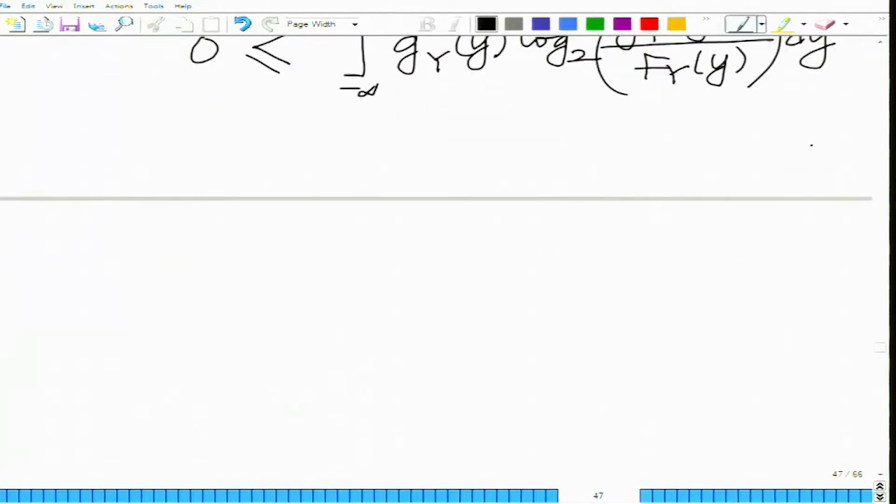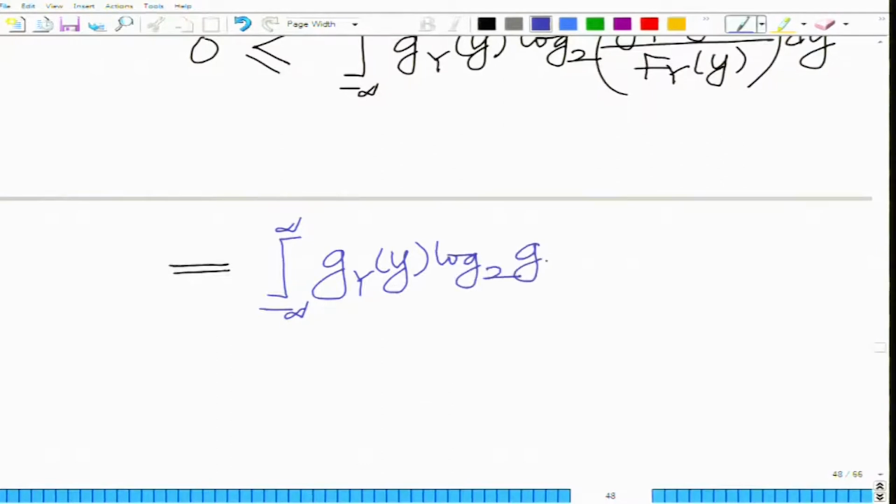Now, if you simplify this, this is equal to nothing but the integral from minus infinity to infinity of gy of y log to the base 2 gy of y over fy of y dy. Log to the base 2 of gy over fy can be written as log to the base 2 gy minus log to the base 2 fy, correct.